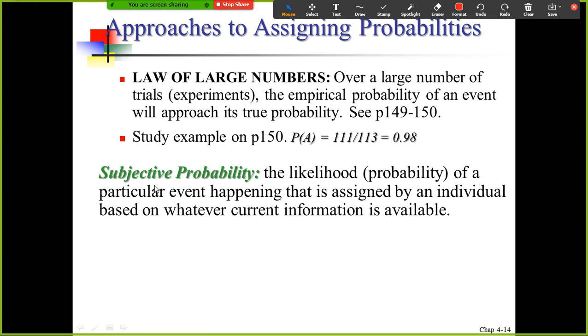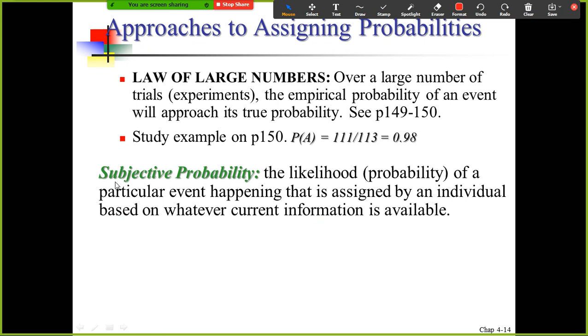If we have more current information, we tend to have a more accurate subjective probability calculation.